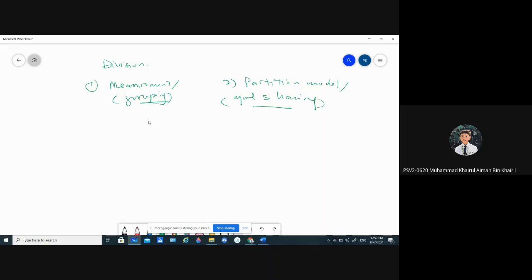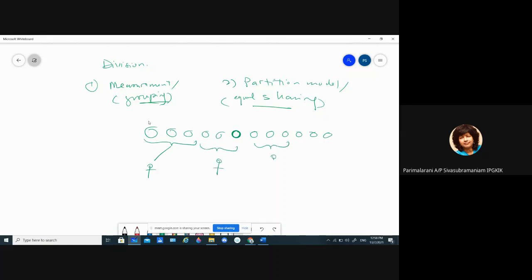Supposing you had 12 sweets and you want to give 3 sweets to each child. So this 3 goes to child number 1, this 3 goes to child number 2, this 3 goes to child number 3, and this 3 goes to child number 4.